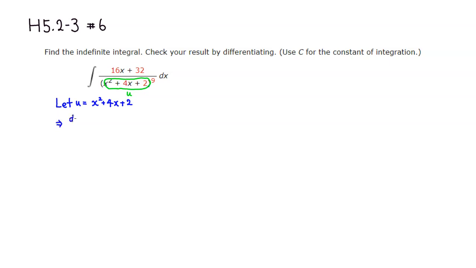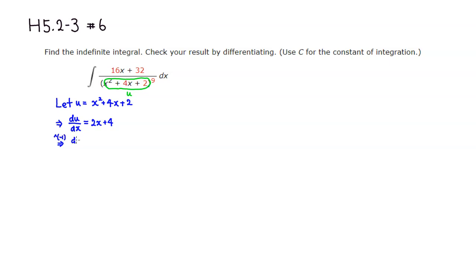We're going to take the derivative of u with respect to x. We're going to get derivative of x squared would be 2x, and derivative of 4x is 4, and derivative of 2 is 0. So we have that. And then first thing I would do is I'm going to take the reciprocal of both sides.